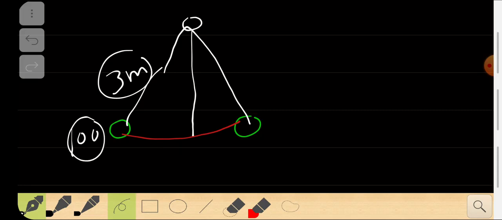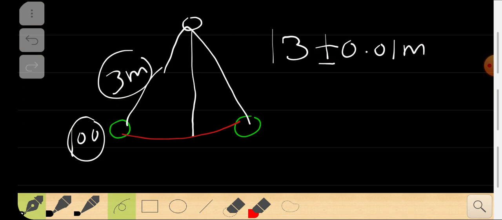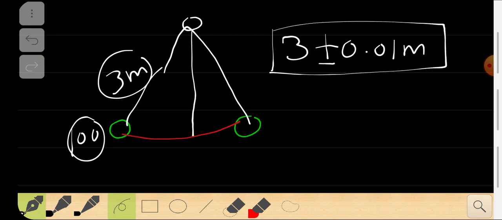The level of accuracy that I can measure is that 3 meters can be measured as 3 plus or minus 0.1 meter, that is 1 centimeter accuracy. My meter stick is as accurate as 1 centimeter. I could have made that kind of a mistake.